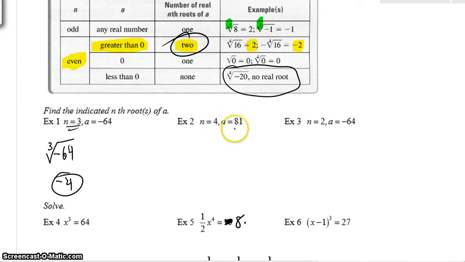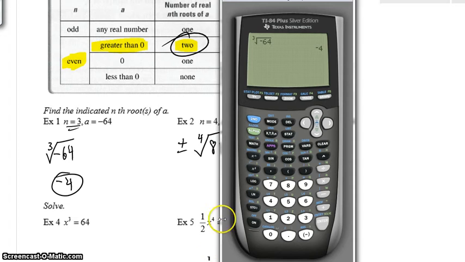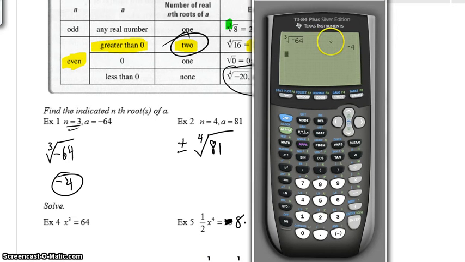When you're looking at number 2, however, you're going to have an even root. And if someone said find the fourth roots of 81, there will be a plus minus associated with that. Now we'll worry about the plus minus in a moment. But to take a fourth root, or any higher root, like a fifth root, sixth root, and so on, what you have to do is type the index first.